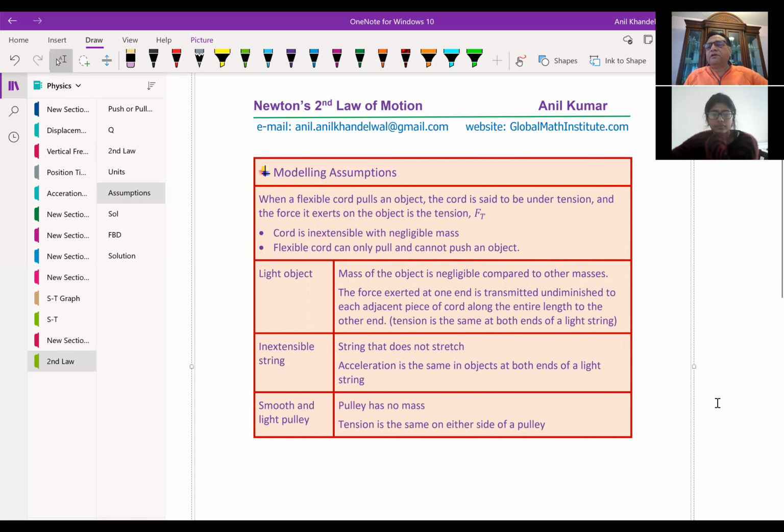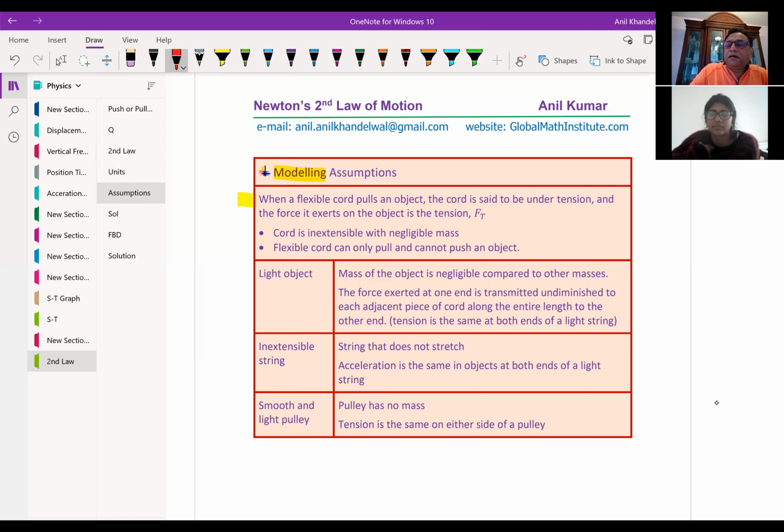Whenever you have a question, you have to model the situation, and when you do that, you need to make some assumptions, right? So I'd like you to read this part. When a flexible cord pulls an object, the cord is said to undergo tension, and the force it exerts on the object is the tension Ft. Correct.